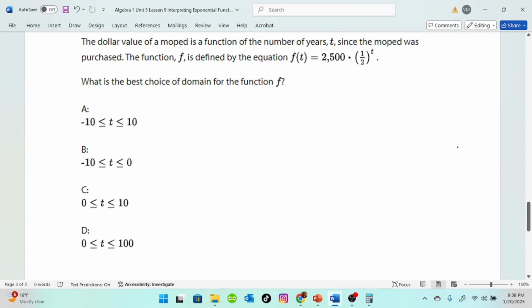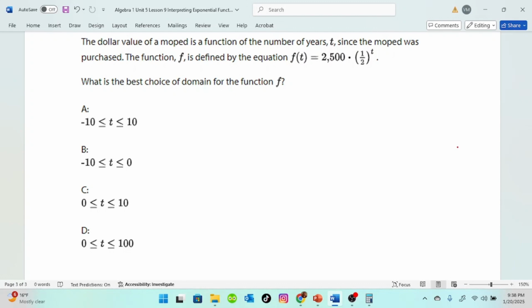Our final practice problem says the dollar value of a moped is a function of the number of years since the moped was purchased. The function f is defined by the equation f of t equals 2,500 times 1/2 to the power of t.